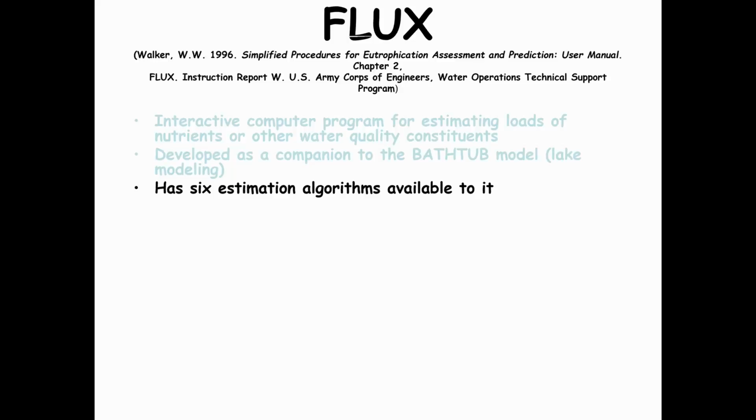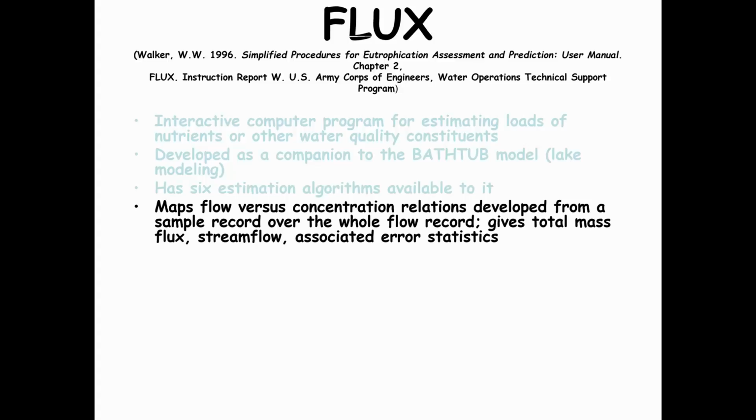The Flux model has 6 methods or 6 algorithms for estimating loads, and these are statistical methods. Actually, it's been upgraded. I think it has 7 or 8 methods, but in this class, we'll only be using 6 of those. Again, you need to have monitored flow data and monitored either grab samples or continuous concentration data.